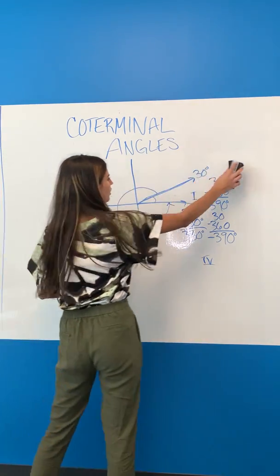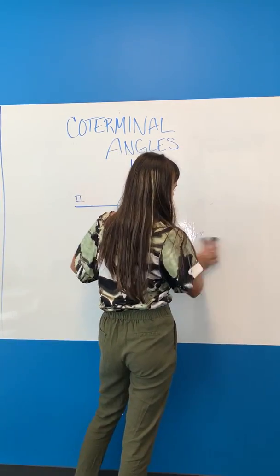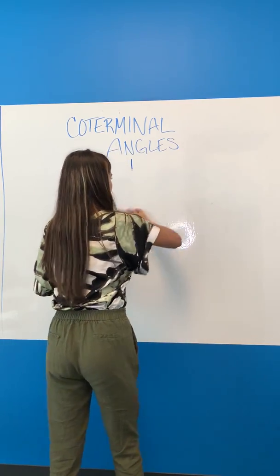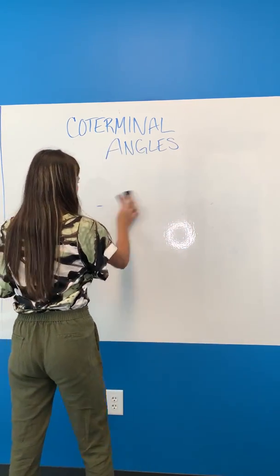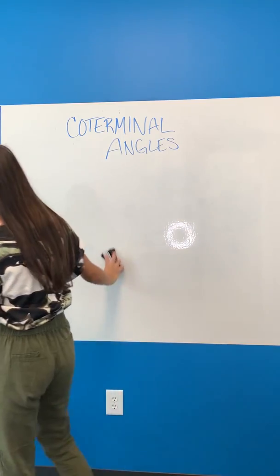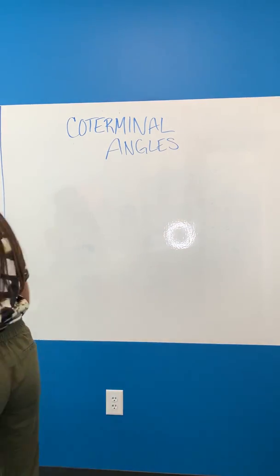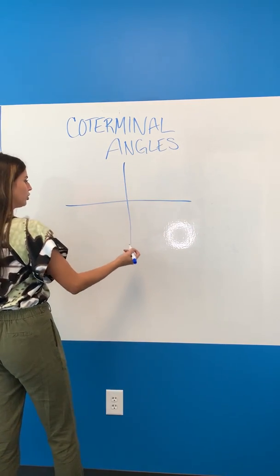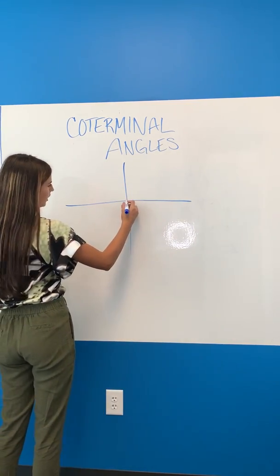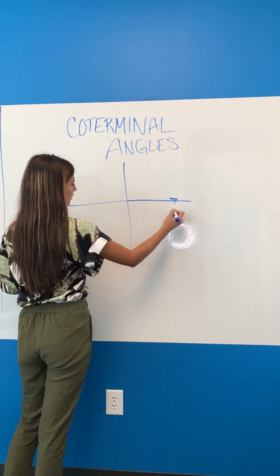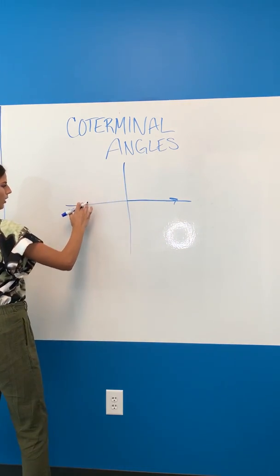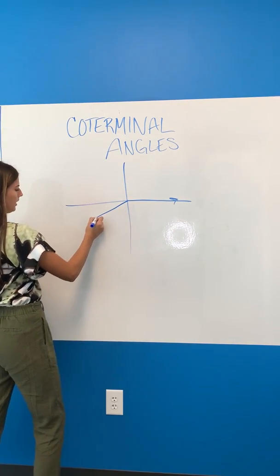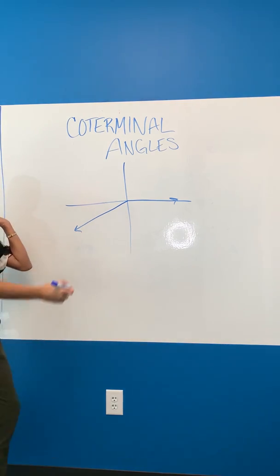Now, let's show another example. Another example, I'll use 210 degrees. So here is the initial side. Then we're going to come all the way around to 210 for the terminal side.